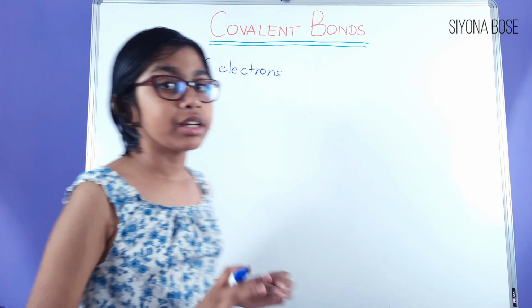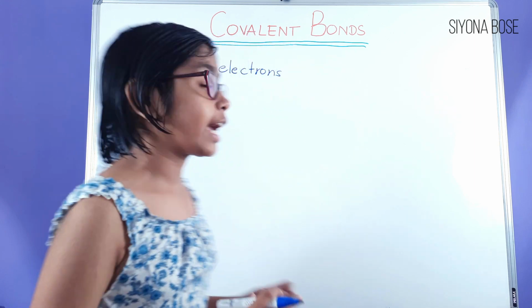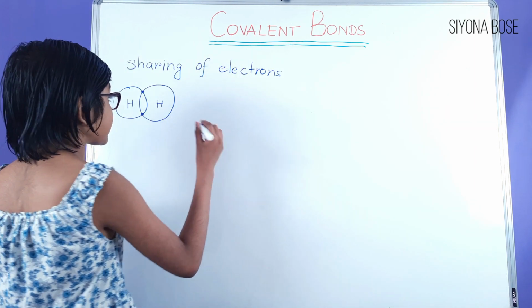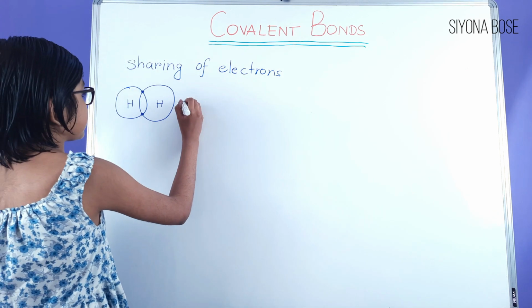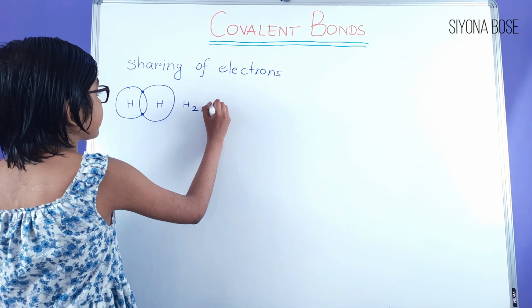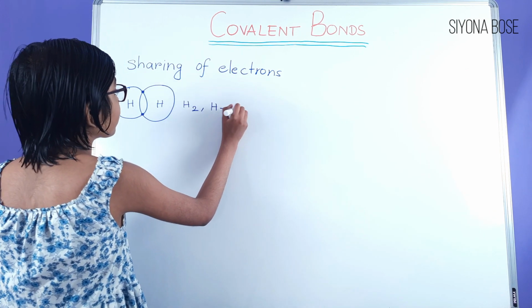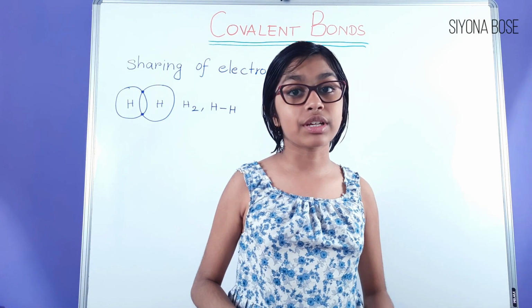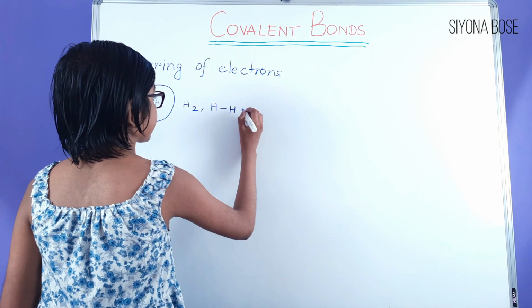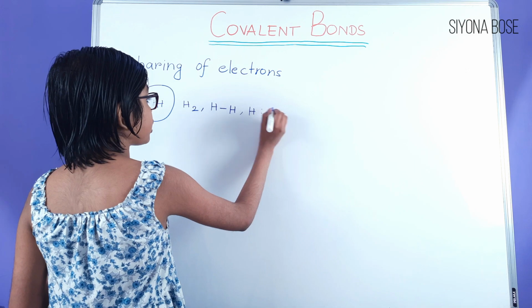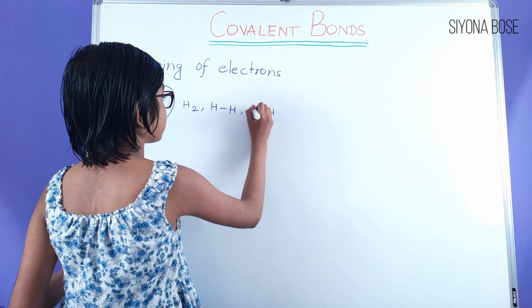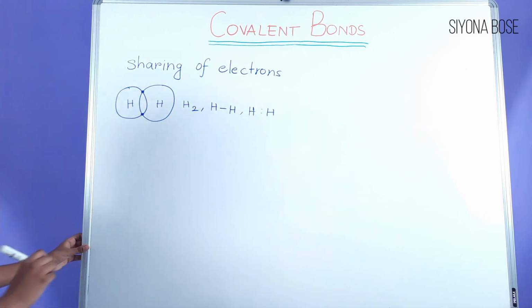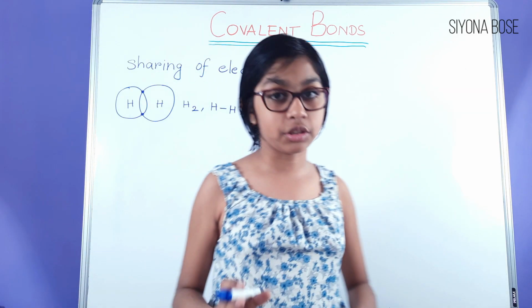I told you many ways of representing H2: the formula itself, the structural formula H-H, or the Lewis dot structure, H colon H, but it's actually not a colon. Like that we can represent H2.